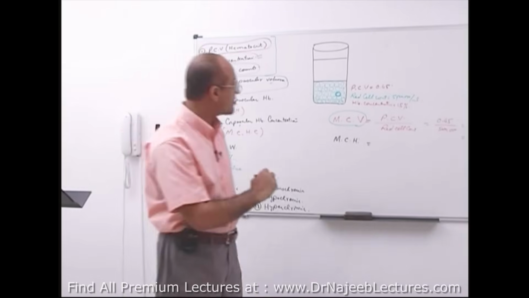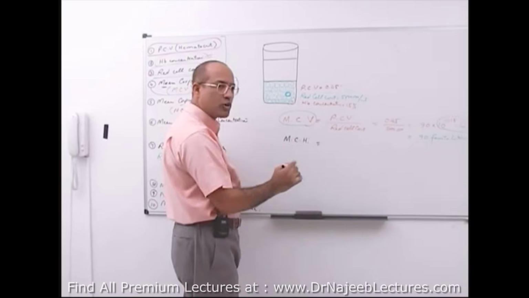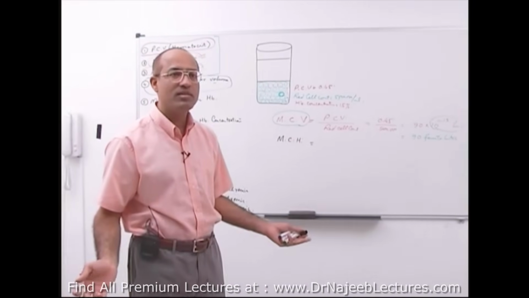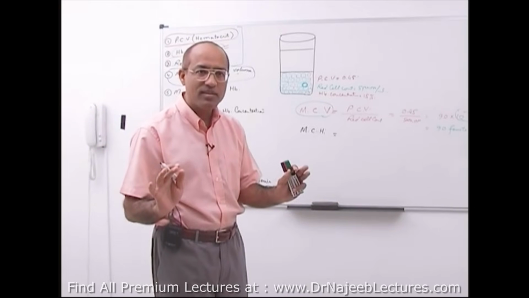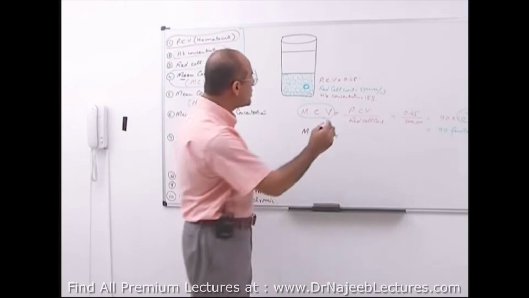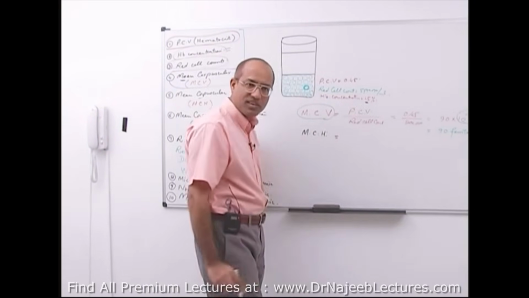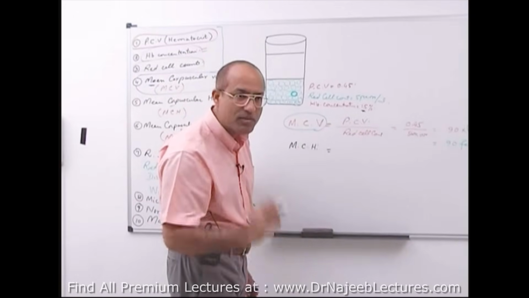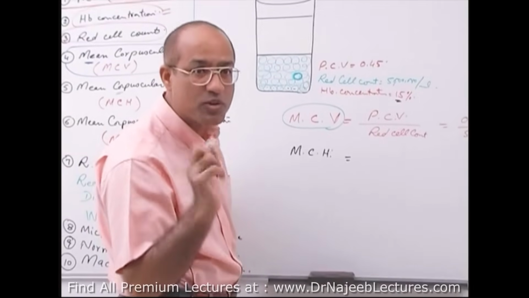Now we want to know, in a healthy RBC, what is the amount of hemoglobin? Okay, let's calculate it. It's very easy. Total amount of hemoglobin divided by the number of RBCs. And you already know total amount of hemoglobin is 15%. If it is 100 ml, then it is 15 gram. If it is 1 ml, then it is of course less.